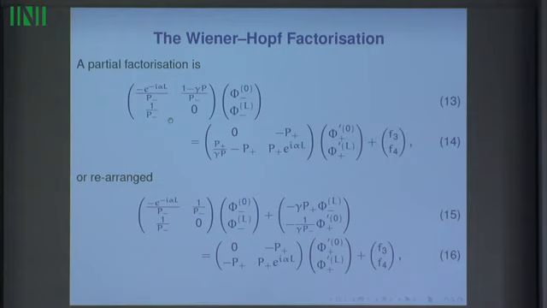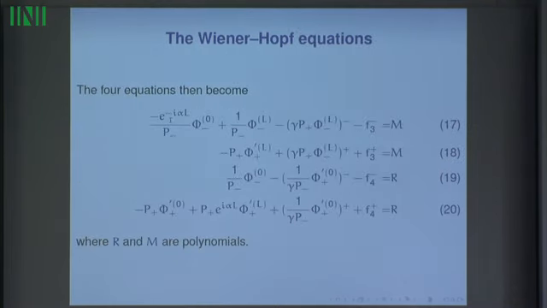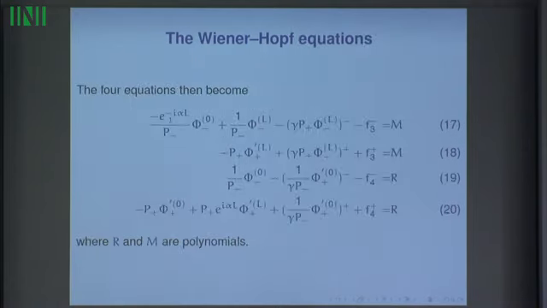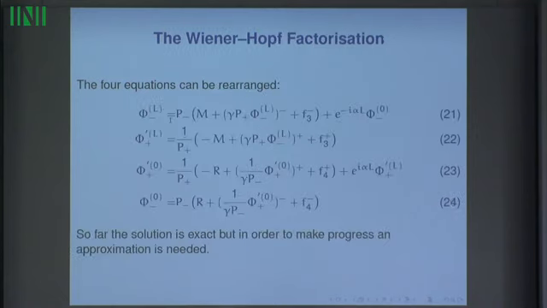So we just write it as plus and minus factors. That's what happens here. We have written this term as a plus and minus, and then we applied Liouville's theorem and we rearranged. We get this, and if we rearrange a bit further, we get those equations.